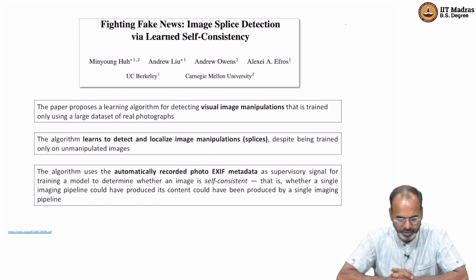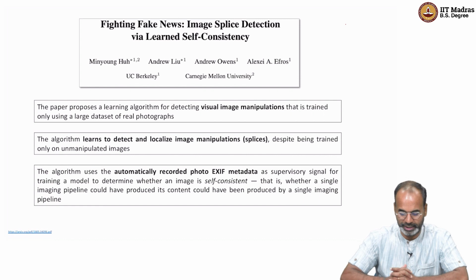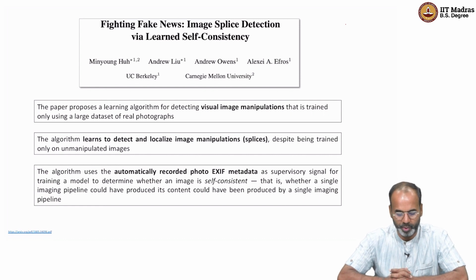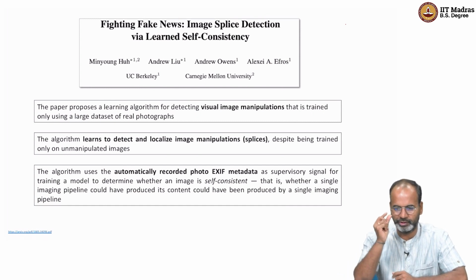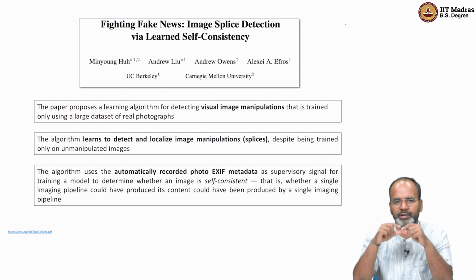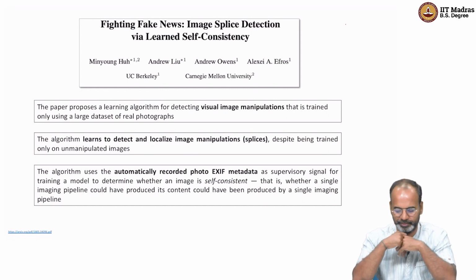The paper proposes a learning algorithm for detecting visual image manipulations that is trained only using a large dataset of real photographs. The algorithm learns to detect and localize image manipulation. The goal was to localize the manipulation, which is to find the parts of the image that have been manipulated.